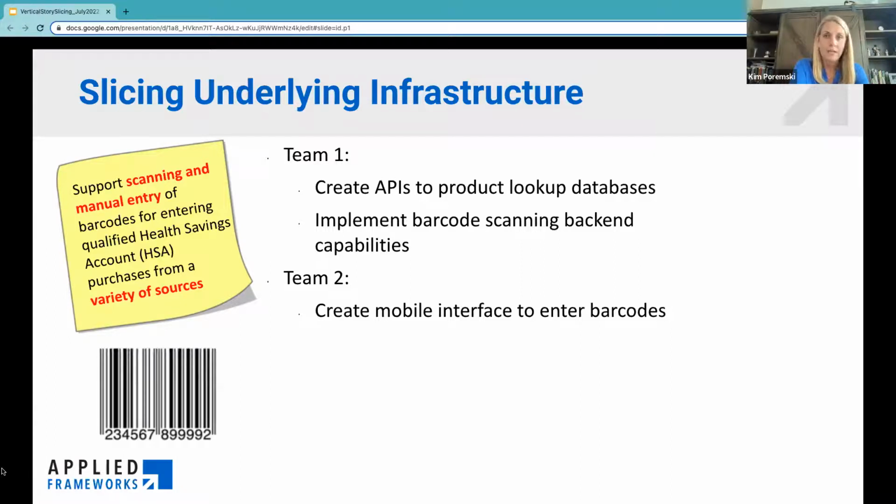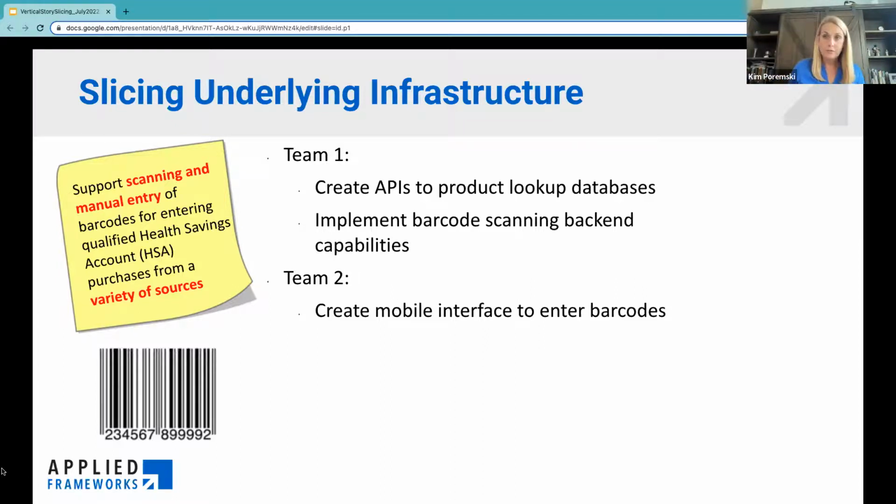One example that I did come across recently was with a company that I was working with. There were 2 separate teams, and they were building out functionality where a customer could use a mobile interface or a mobile app and determine whether purchases that they made would apply to their HSA account, their health savings account. Team one was doing all of this back-end work, creating these APIs to all these different product lookup databases.